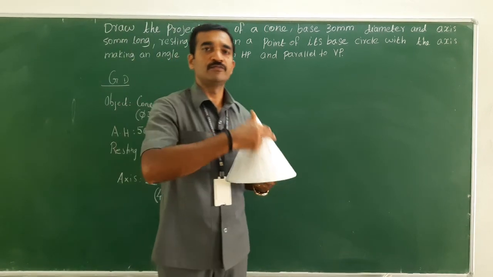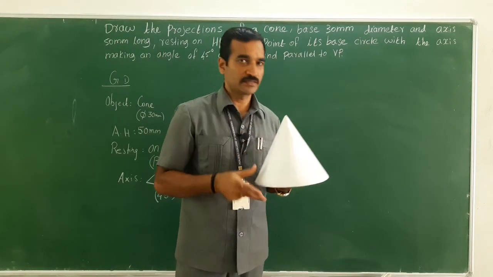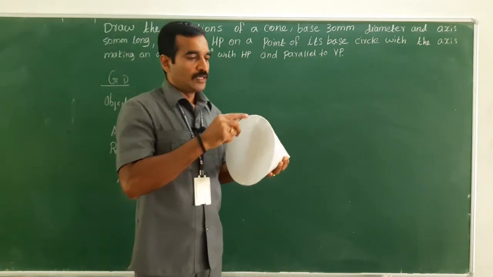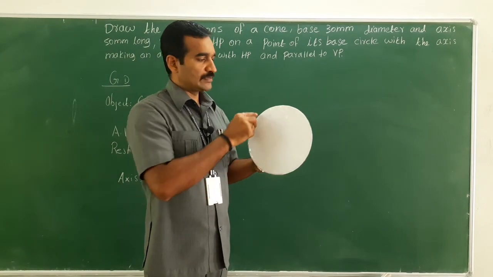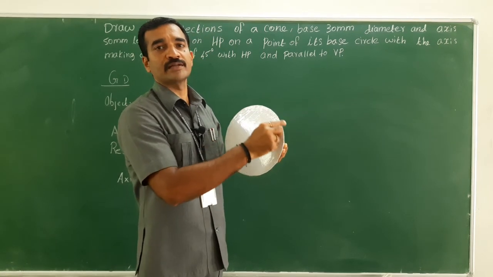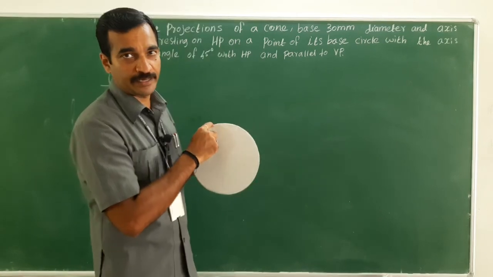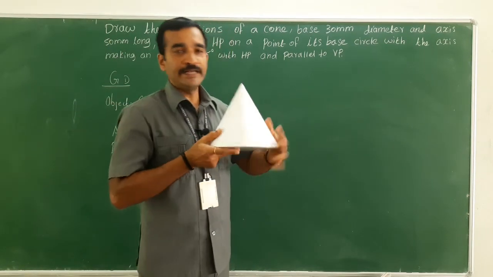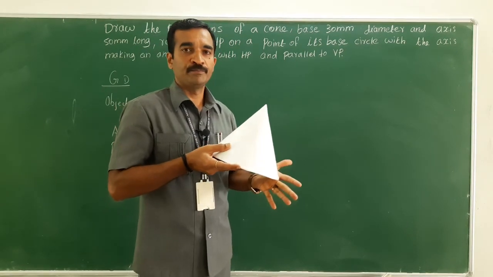These are full of generators, isn't it? So, how is it resting? With one of the points. The circumference of the base circle is full of points, circumferential points, right? With one of the points. So, here as such there is no confusion. Anywhere you can rest it, right?